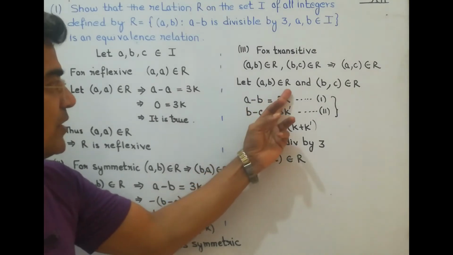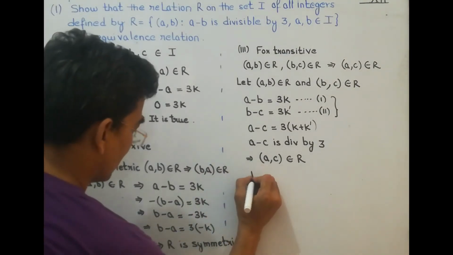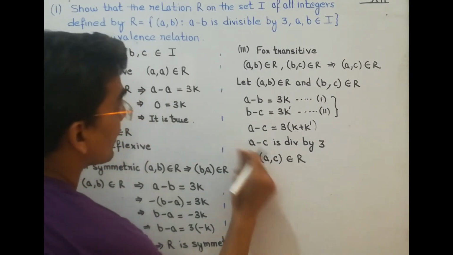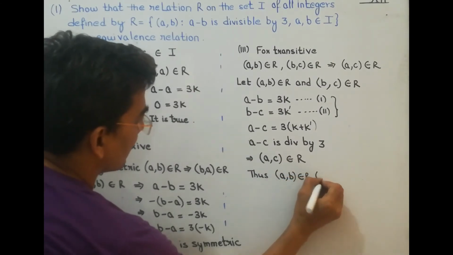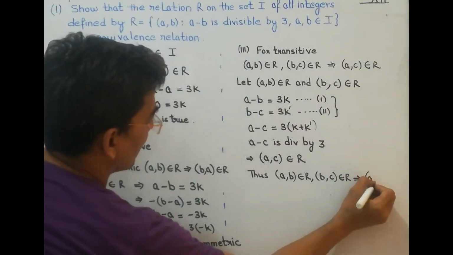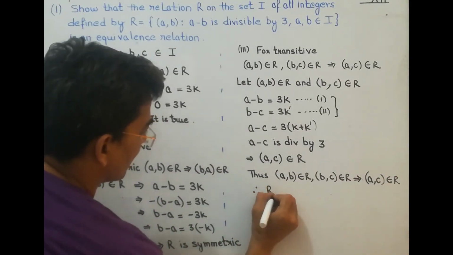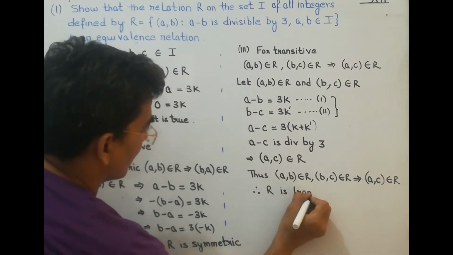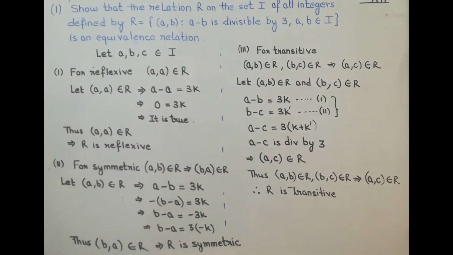We considered (a, b) belongs to R, (b, c) belongs to R, and we have got (a, c) is also belonging to R. So we can say that thus we have got that R is transitive.